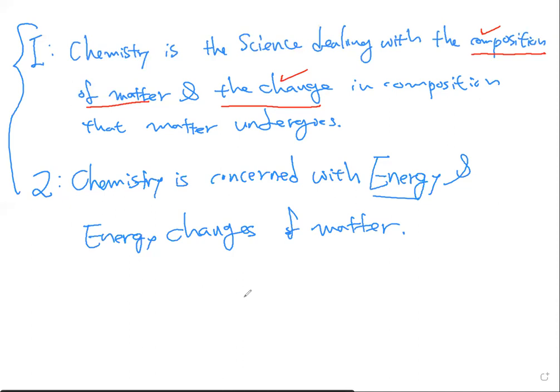I don't like to make students memorize something, but you have to memorize these two. If you memorize and understand these two definitions, that's it. This is everything about chemistry. Chemistry is the science dealing with the composition of matter and the change in composition that matter undergoes.